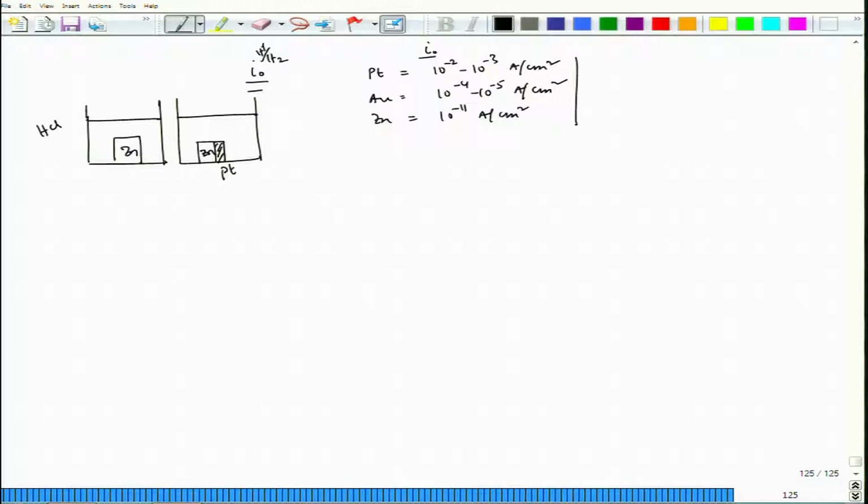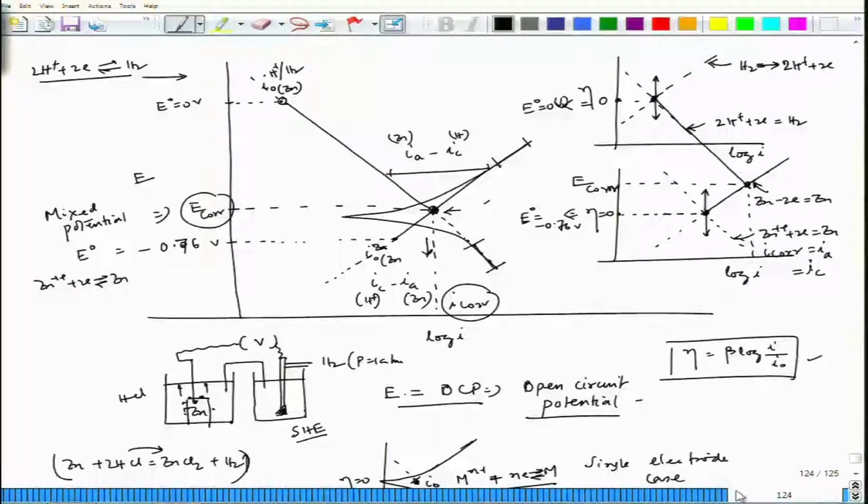When we try to see these two situations, we first have to look at the diagram, which we have shown here. These diagrams are called Evans diagrams.